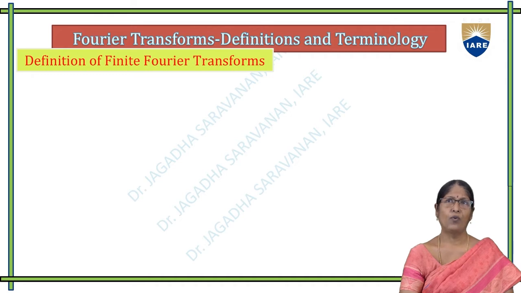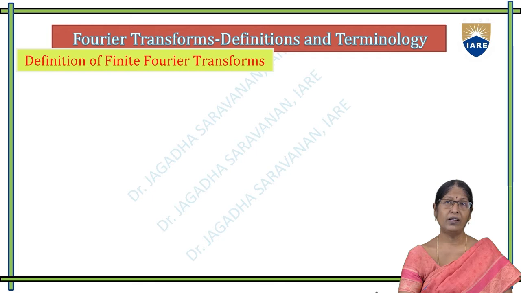Next, Fourier transform has two types, infinite and finite. What we have discussed is infinite, because everywhere, if it is Fourier transform, minus infinity to infinity played a role. If it is Fourier sine, 0 to infinity; Fourier cosine, it is 0 to infinity. We didn't mention at all that it is infinite.